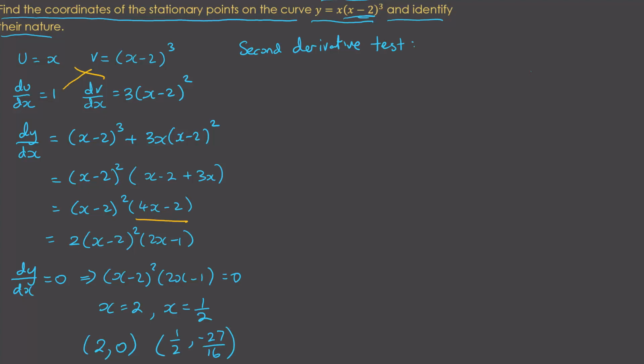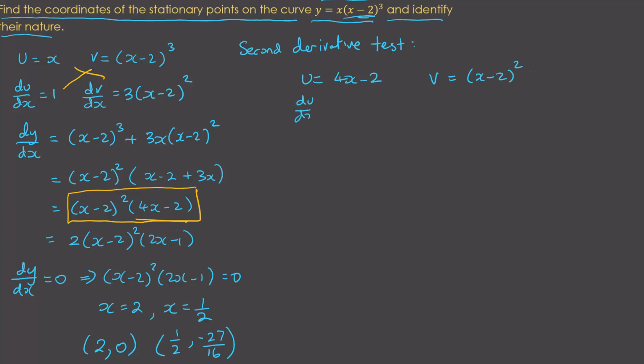So second derivative test. We need to differentiate again, and it's probably best to go from that line there. I'm going to use the 4x minus 2 as the u, and the v is (x minus 2) all squared.